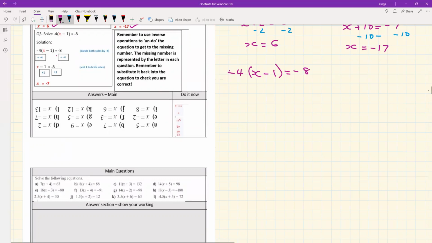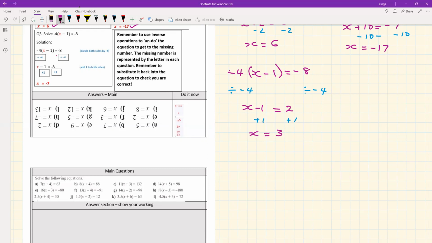So as always, divide by minus 4, and you have on this side x minus 1 equals minus 8 divided by minus 4, which is actually 2. Okay, and then we add 1 to both sides, and we end up with x equals 2 add 1 is 3, so x is 3.